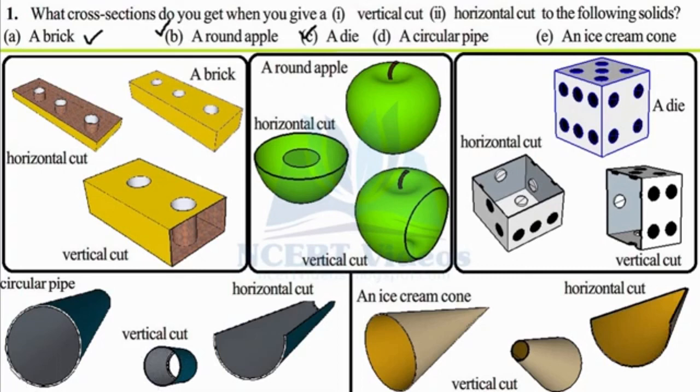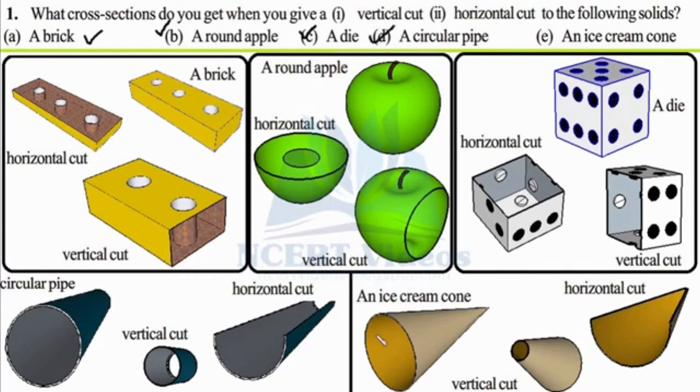But when you cut it horizontally, then you get this image. Therefore, what is this? This is a semicircle. That is the cross section we attain after cutting a circular pipe horizontally. We get a semicircular cross section. So that is for the circular pipe.